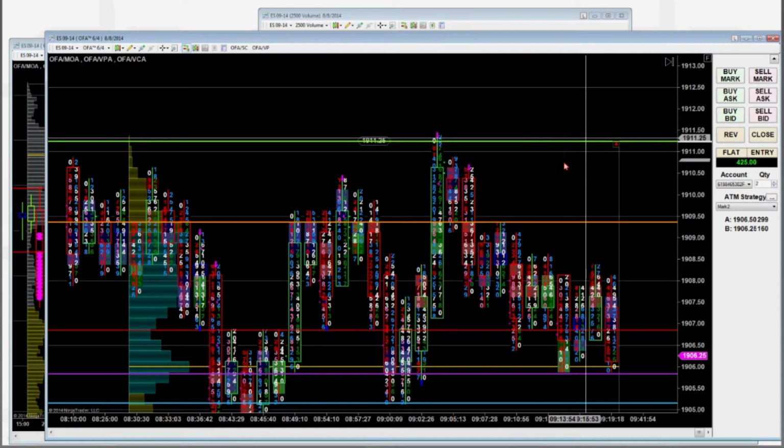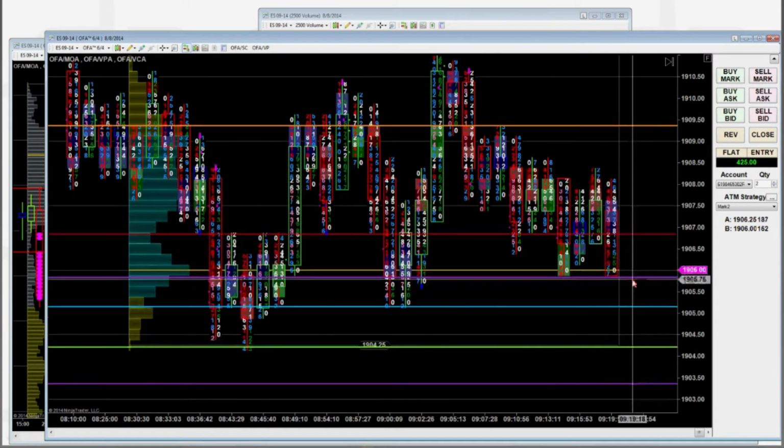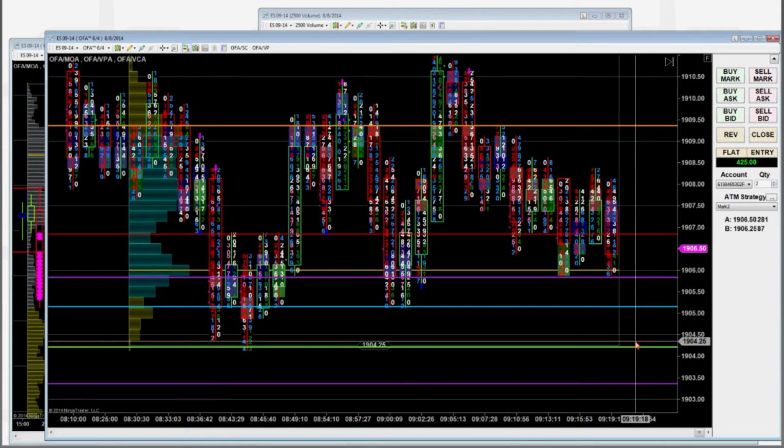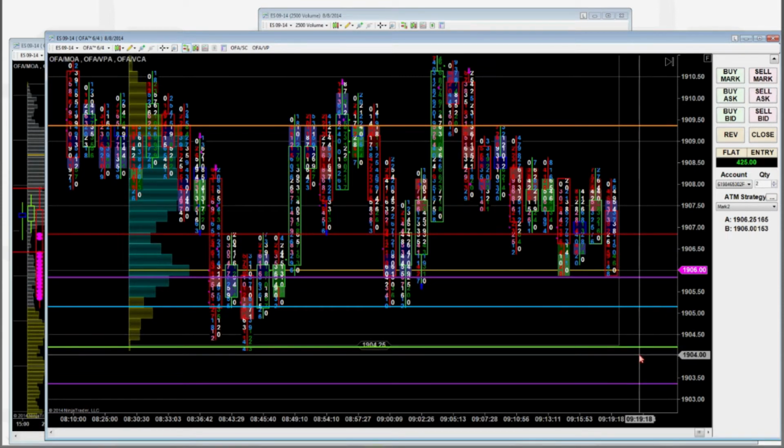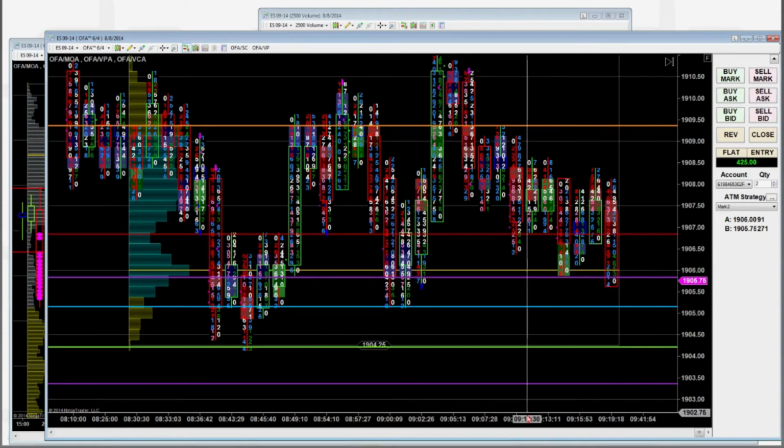We'll see, but my preference would be that these levels hold. Same thing down here. If price starts flirting down here a couple of minutes before 10:30 Eastern, we may see this thing go one tick, two ticks, and turn around.